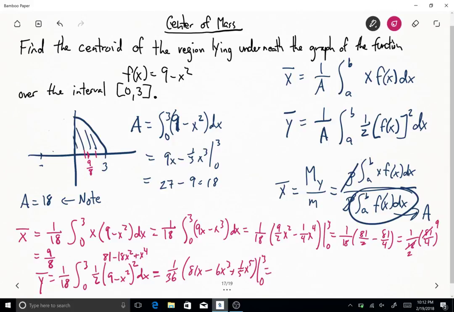So this whole thing equals 1/36 times 81 times 3 is 243. Okay. 6 times x cubed. So that'll be, well, let's write it this way actually. I'll try and make this a little bit nicer. So 81 times 3, I'm going to leave as 3 times 81.